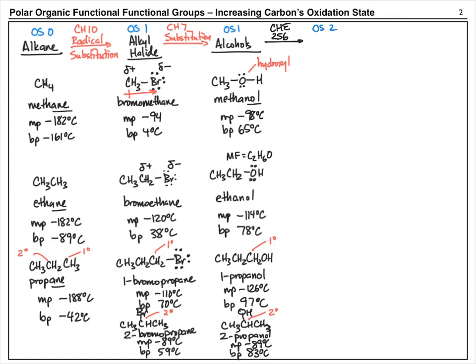However, the functional group names are presented in Chapter 2, so we need to learn them because it's imperative to look at big molecules and know what functional groups are present in them. So the first oxidation state 2 functional groups that we're going to look at, there's 2 of them.